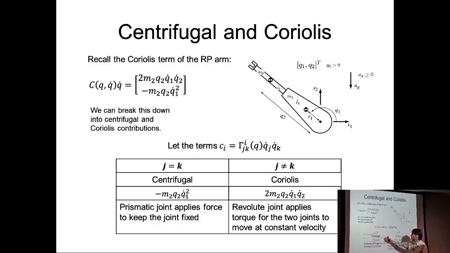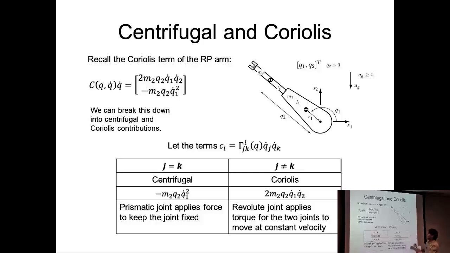So in this case here, when j is equal to k, what we're seeing is the contribution that the prismatic joint has to apply to the system in order to resist the centrifugal force from the mass of the second body being thrown out. When j is not equal to k, this is the Coriolis term. What you're seeing here is the torque that the revolute joint has to apply in order to keep the system rotating at a constant angular velocity.